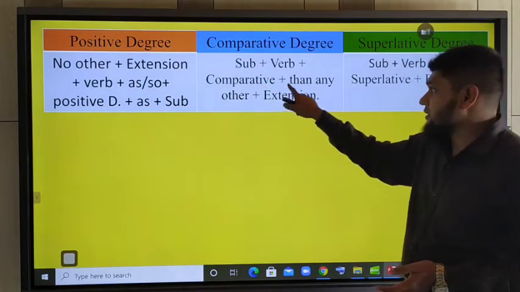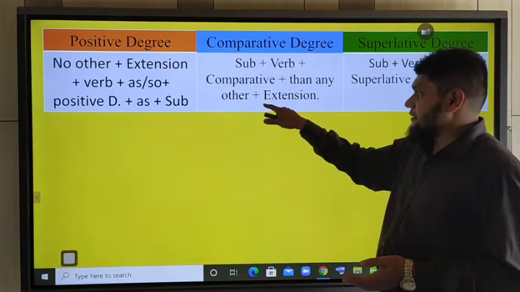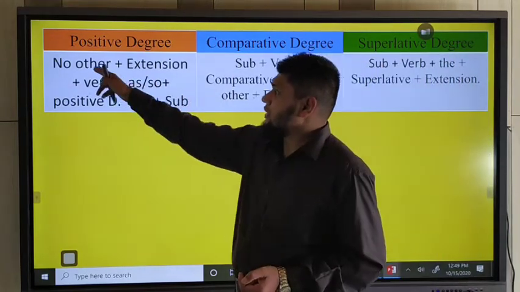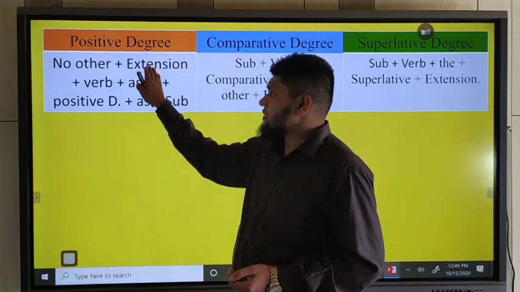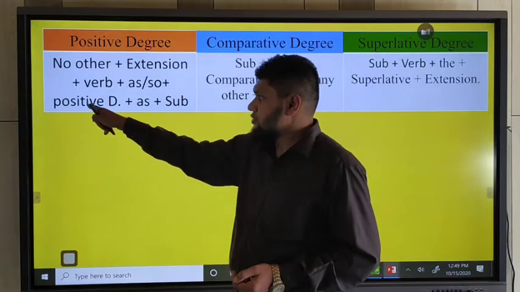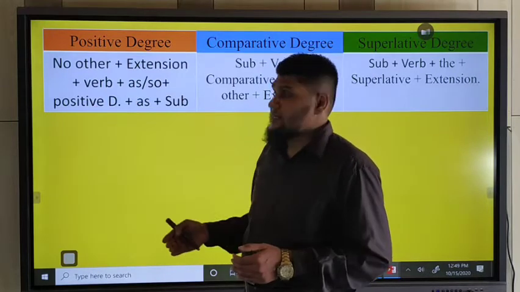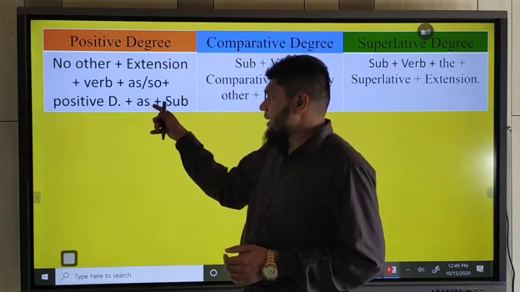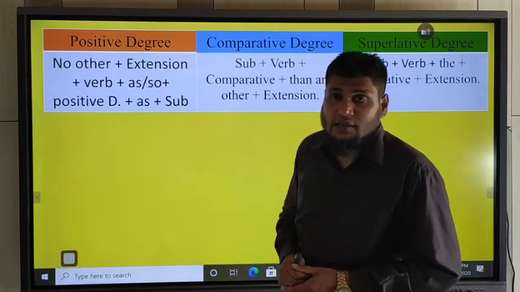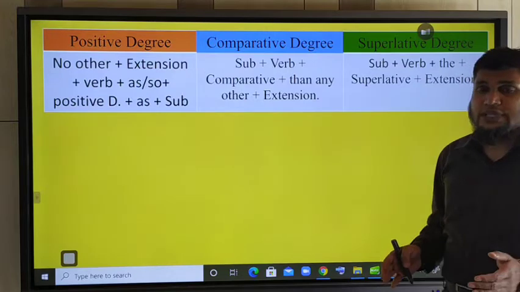After the comparative form of the adjective, you should use then any other. Okay, and you should use no other in positive degree and then extension and then verb, and you should use so or as, and then you should use the positive degree of the adjective, and then you should use as, and you should take the subject at last. Okay. So in this way you should be able to change them.